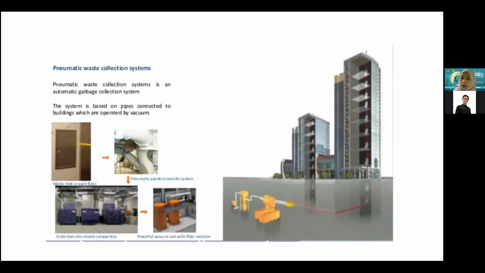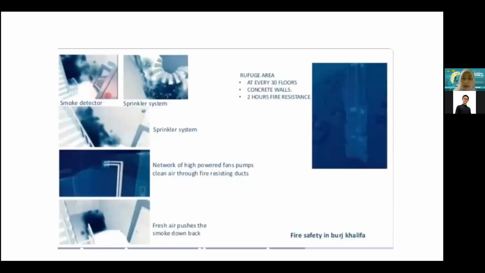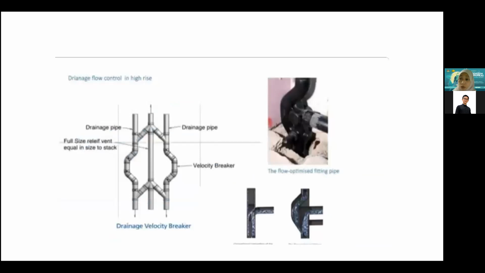And the service area cannot be simply designed and put into any spaces. You need a sprinkler system. Remember, at what building height you need the sprinkler system, what height you need the smoke detector, refuge area. Now for waste management, you must know where the collection point is for the waste. You have to know, okay.